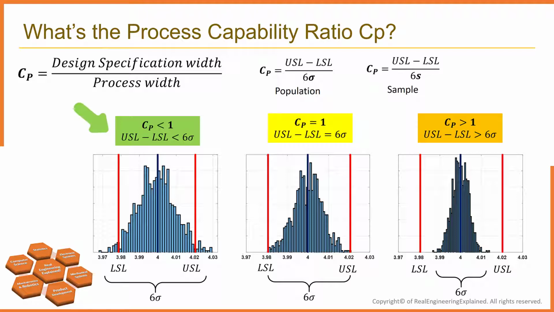A process capability less than 1 means USL minus LSL is less than 6 sigma, which means we have a larger variation for dimensions and we will have some failure rate. And a CP more than 1 means USL minus LSL is more than 6 sigma, which implies that the standard deviation of our process is small.